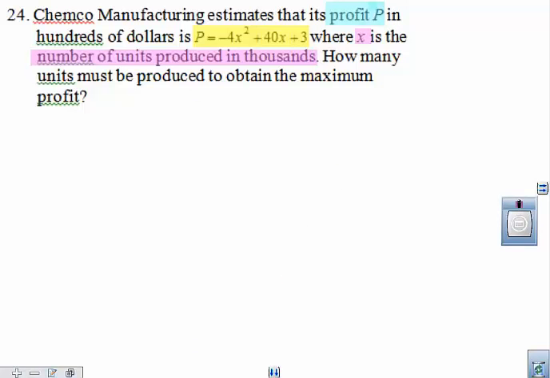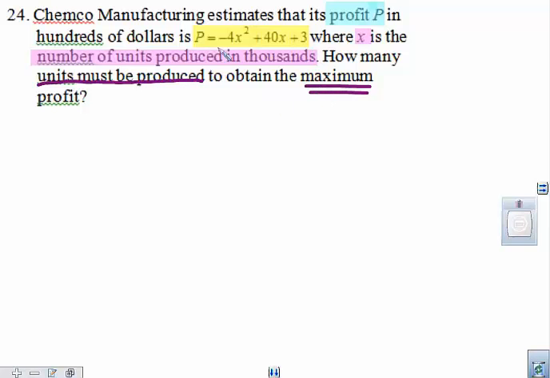Well, we just said profit was P, so the maximum profit, so what would make P the biggest? Okay, maximum. And we're asked for the number of units produced. So what is your x when your profit is at its maximum?